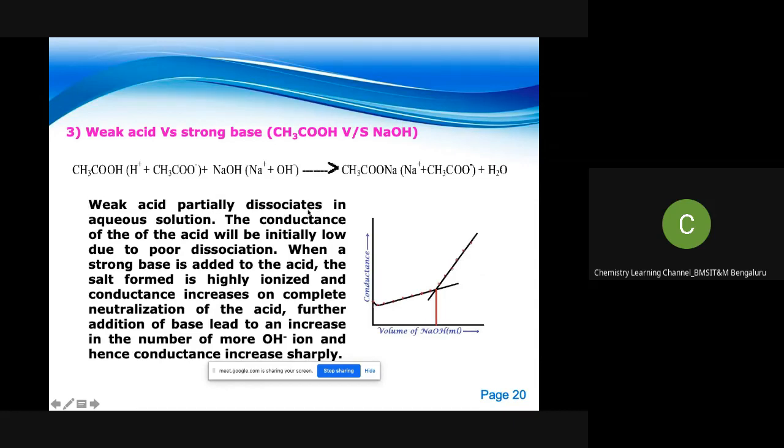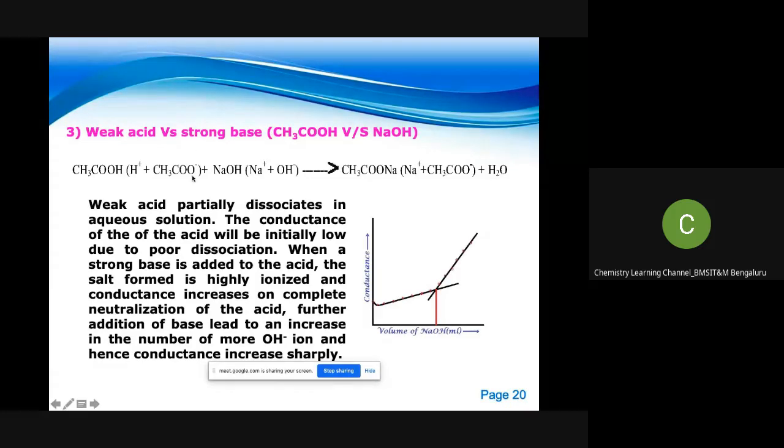So weak acid partially dissociates in the aqueous solution. The conductance of the acid will be initially low due to poor dissociation. When the strong base is added to the acid, the salt formed is highly ionizable, and conductance increases. On complete neutralization of the acid, further addition of the base leads to an increase in the number of OH minus ions, and hence conductance increases sharply. So what it says is, initially as it is a weak acid, it partially dissociates, and conductance of the acid is a little poor because of the poor dissociation.